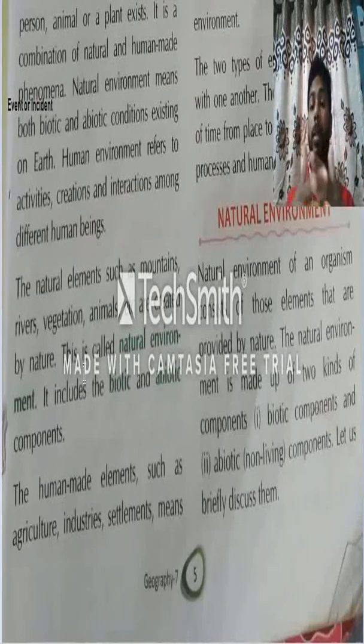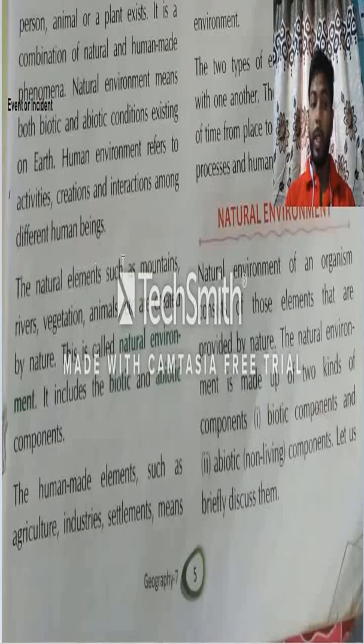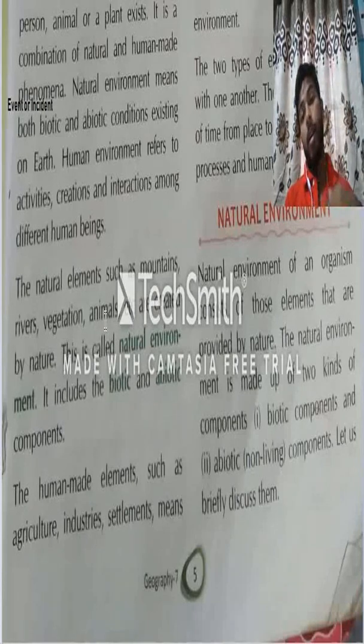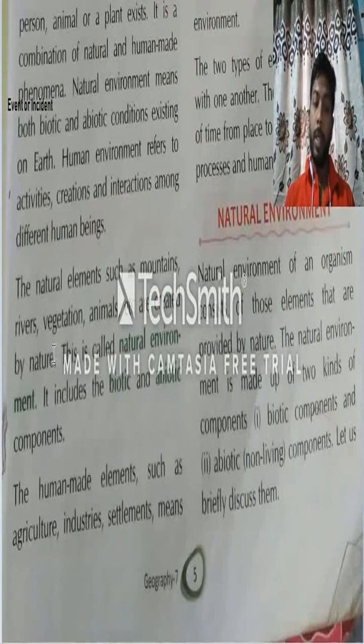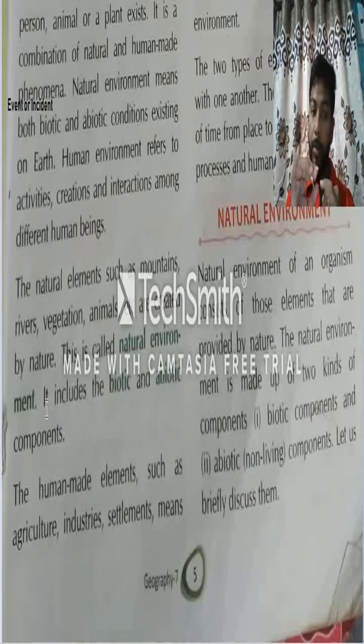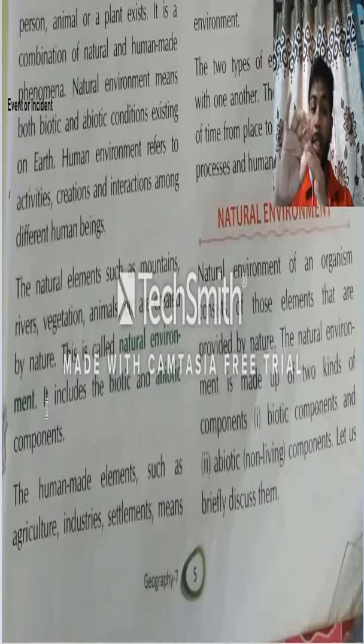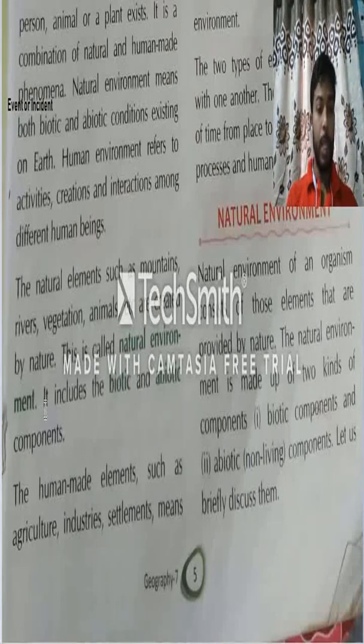Creation means to make something, to prepare something, okay. So all these things, mountains, rivers, vegetation, animals, are created by nature. This is called natural environment, okay. The things which are created by nature, for example mountains, rivers, vegetation, animals, are called natural environment.